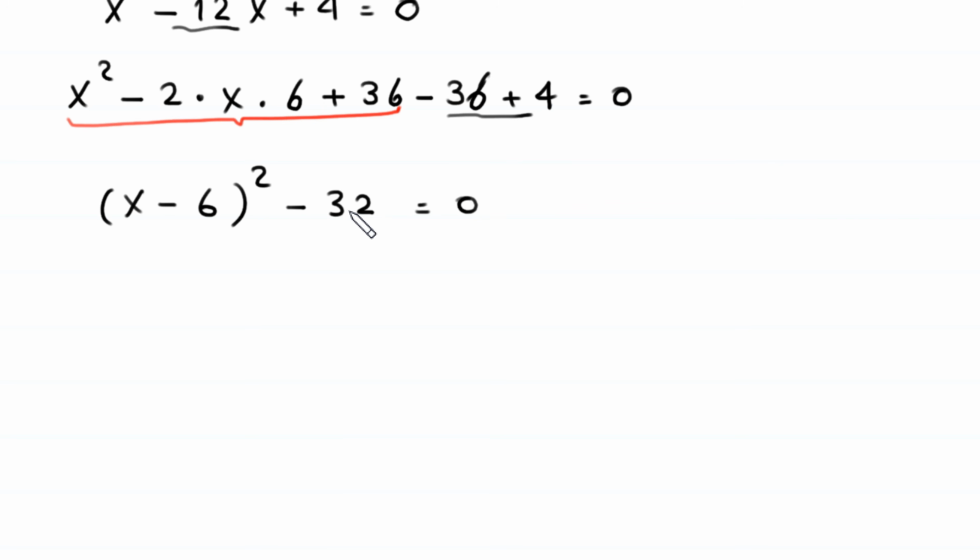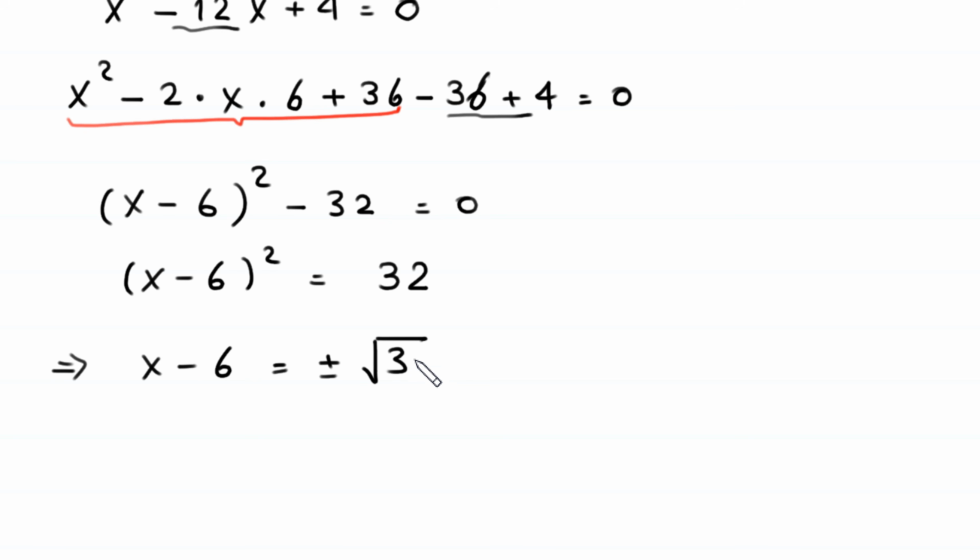Move negative 32 to the right hand side, this will become (x minus 6) whole squared equal to 32. And if we take the square root of both sides, this implies that x minus 6 equal to plus or minus root 32. Further simplifying, root 32 can be written as root 16 times root 2.